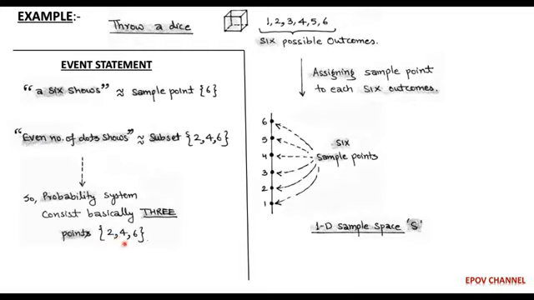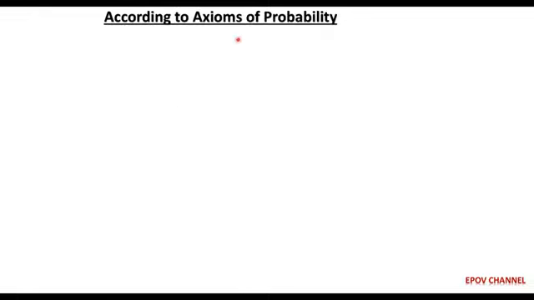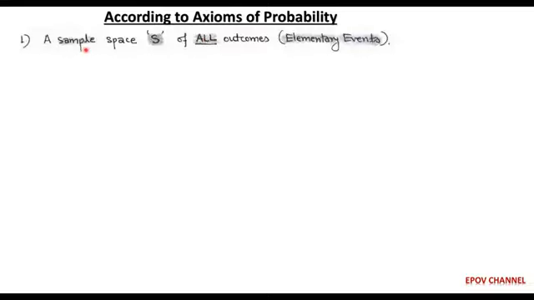Now using all the concepts of event statement and according to the axioms of probability, we make a summary of the related points. So the first point is, the sample space consists of all the possible outcomes, which is basically a combination of all the elementary events. Second is, here we take an example of throwing a dice.